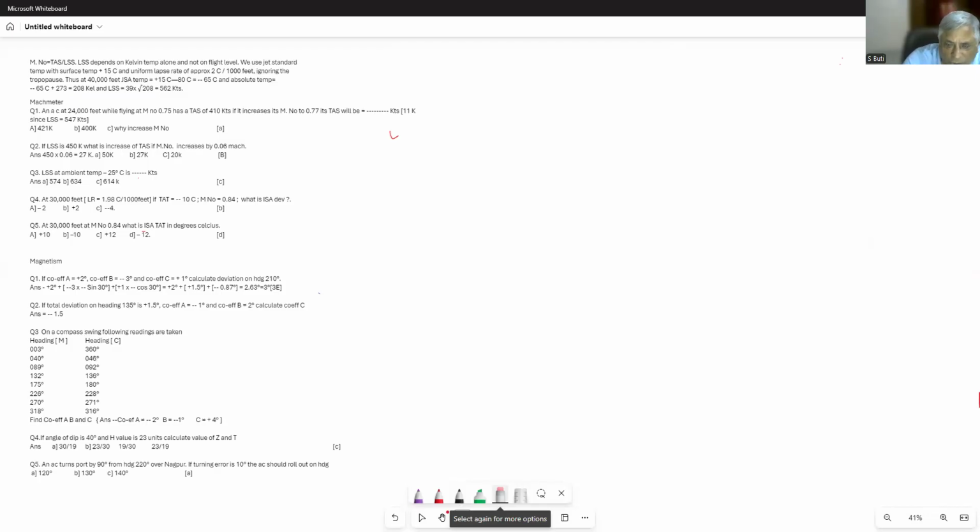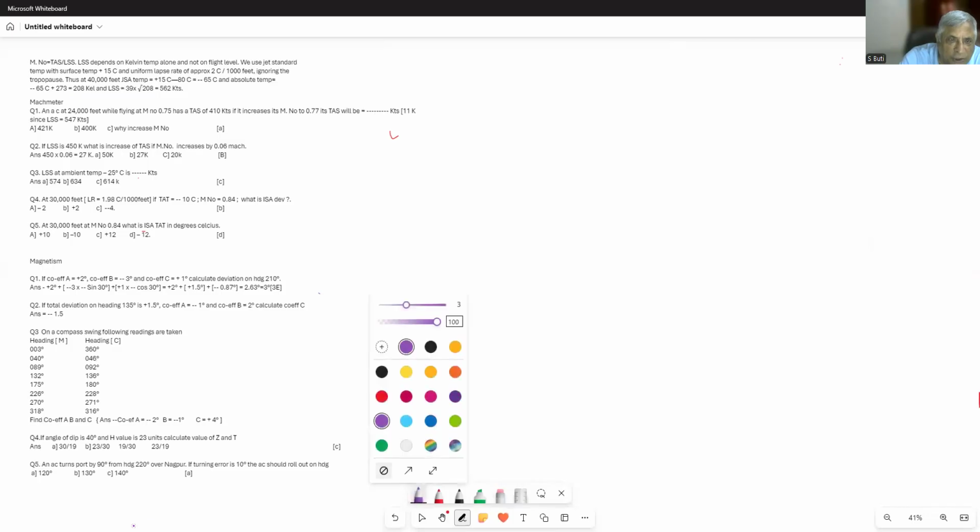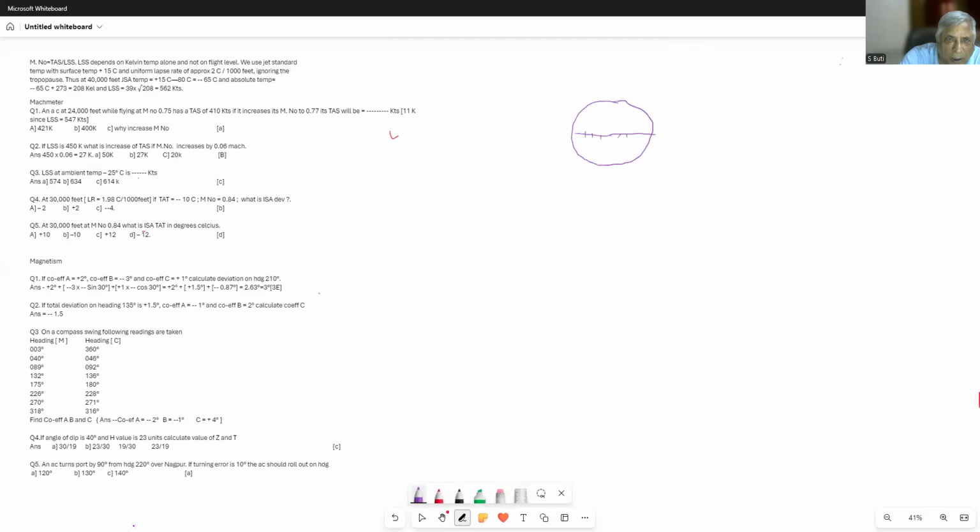The compass is fitted in front of the pilot, where you can read your readings against a line called the lubber line. This lubber line is not painted, but a thin wire which can be moved left or right to adjust for coefficient A.